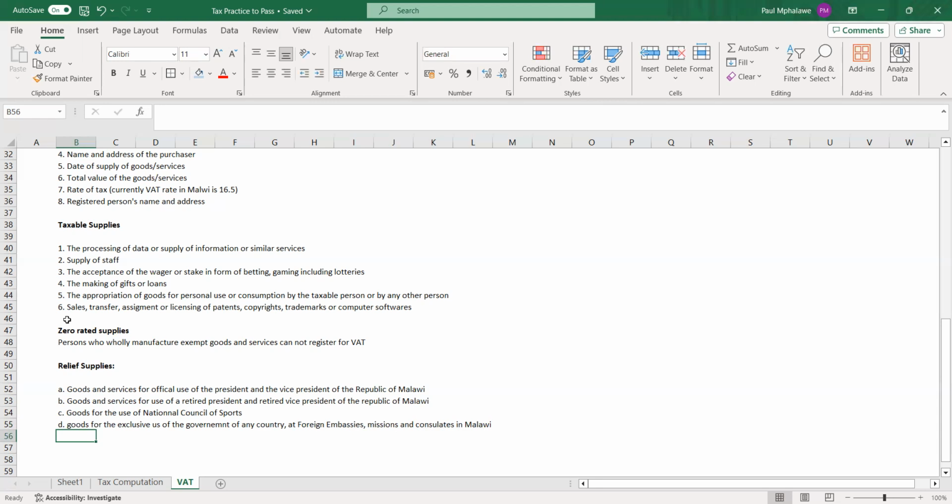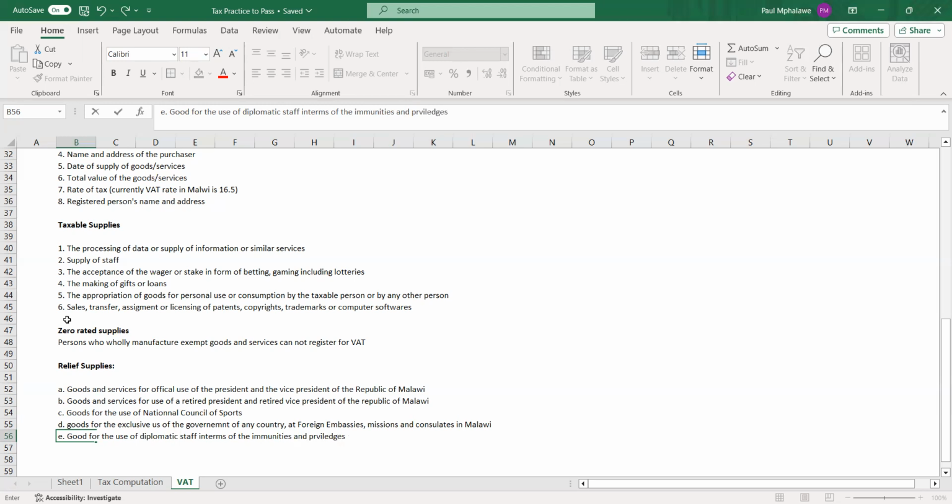Number E, goods for the use of diplomatic staff in terms of the Immunities and Privileges Act.